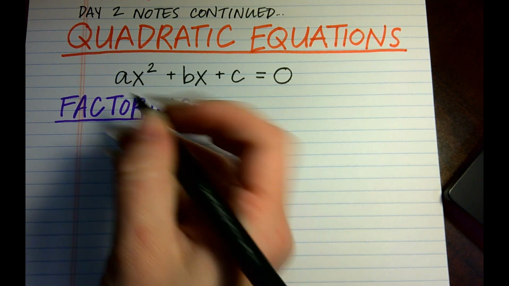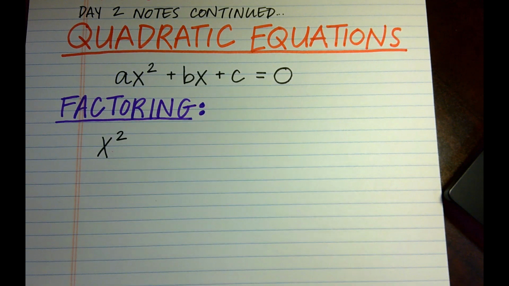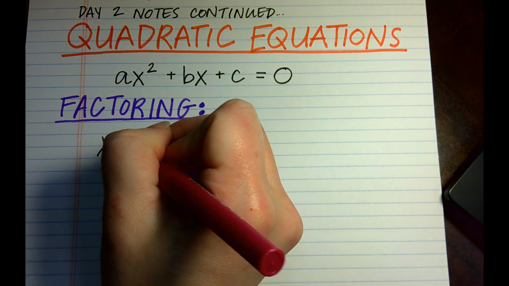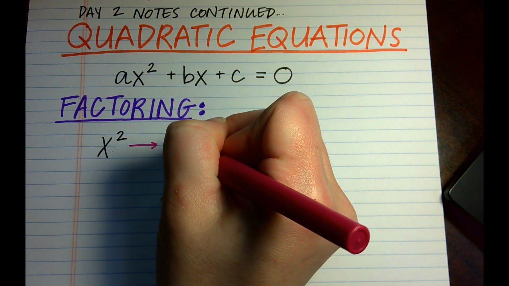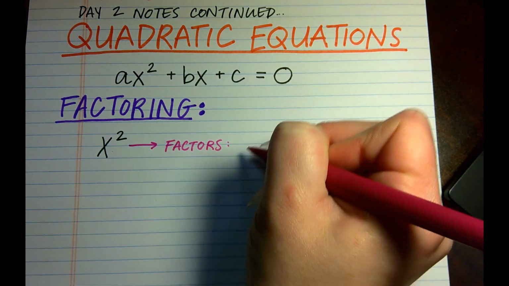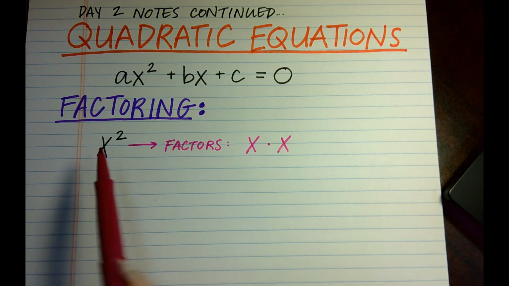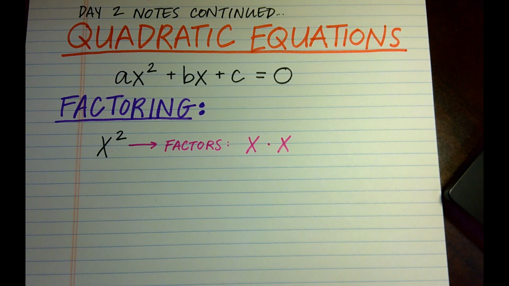If I have x squared, the factors of x squared would be x and x, because when I multiply them together, I get x squared. So the factors are x and x. Factors are what we use to multiply to get to the answer.